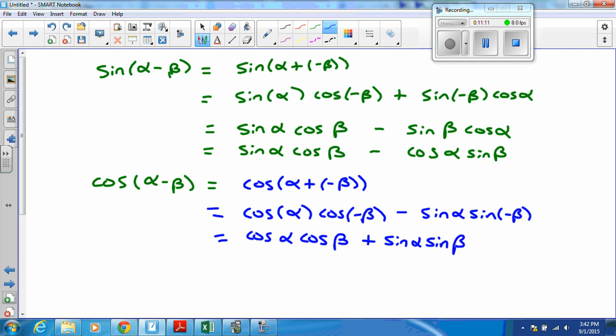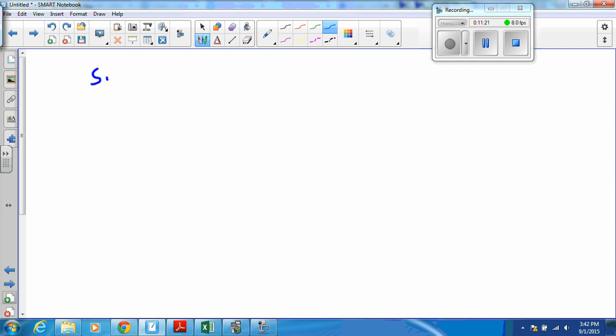But wait, there's more. Because if I wanted double angle identities, and I frequently do want double angle identities, then I can generate those with the angle addition as well. If I want sine of 2 alpha, I can simply rewrite that as sine of alpha plus alpha.